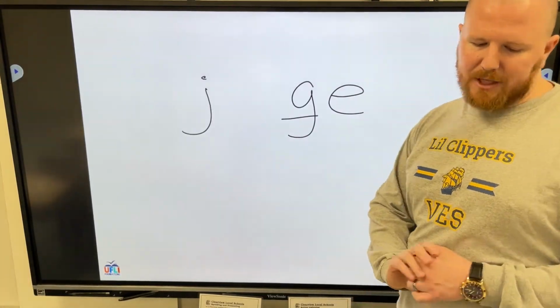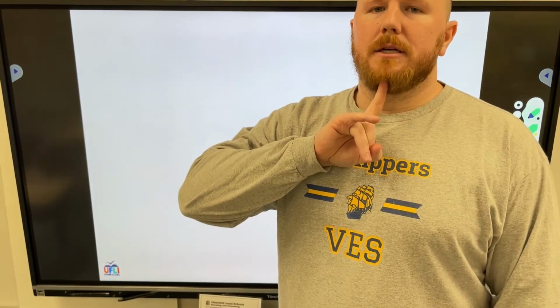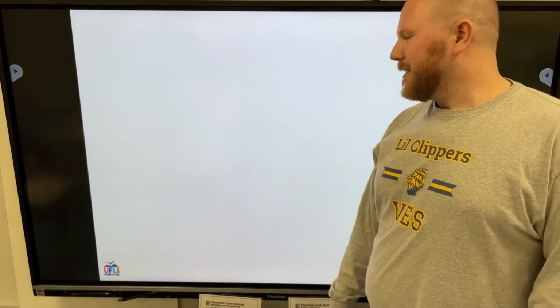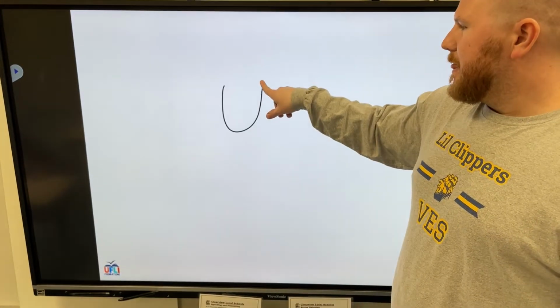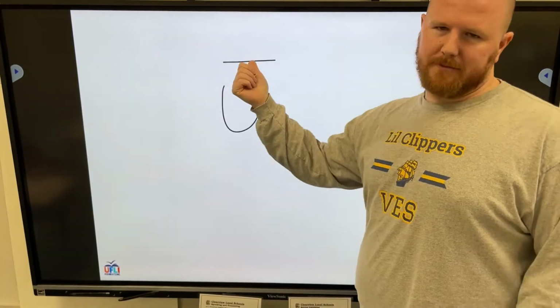All right, and then the last one I'm going to do is what can say you, you? You guys are like, oh, that's so easy. You literally just said the letter. Because that is a long U. That's a macron.